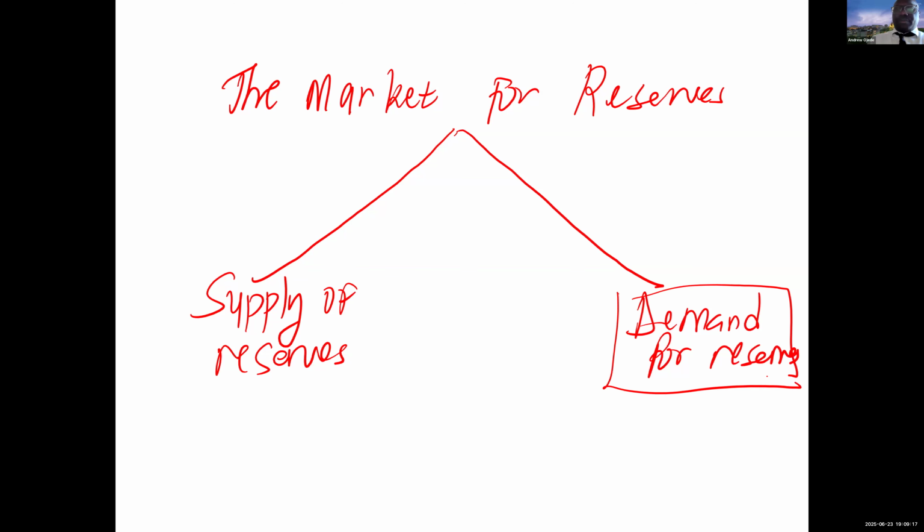So first of all, we know that there are three interest rates that we are going to try to illustrate in this demand and supply model, and you already know some of those interest rates. The first interest rate is what we're going to be calling the discount rate, which is notated as ID.